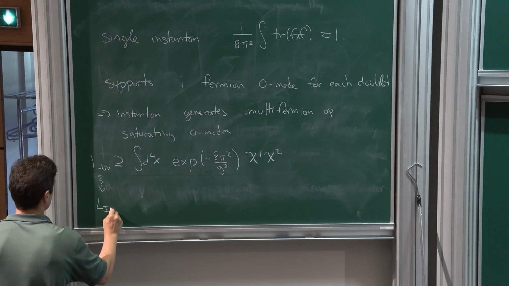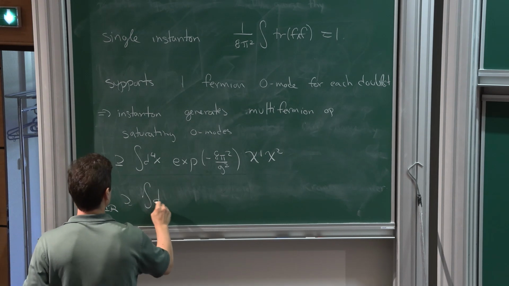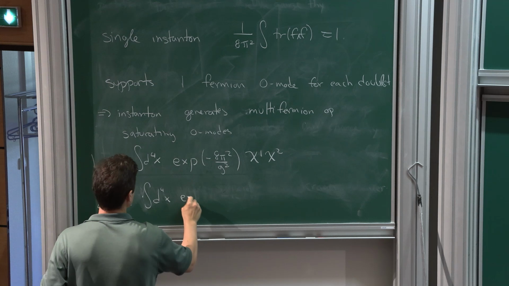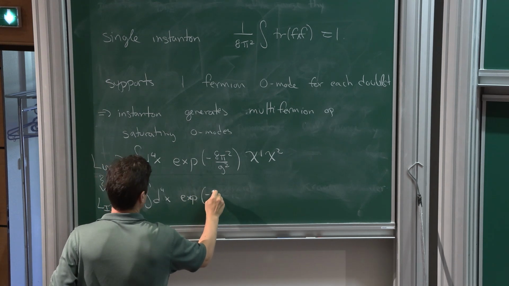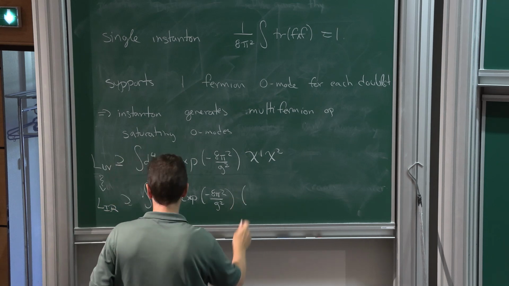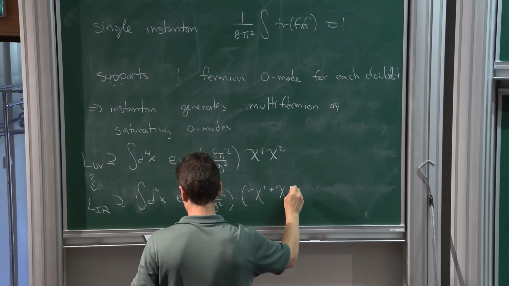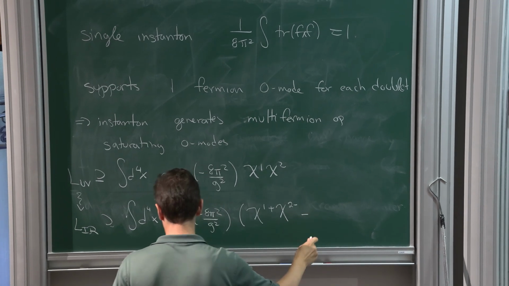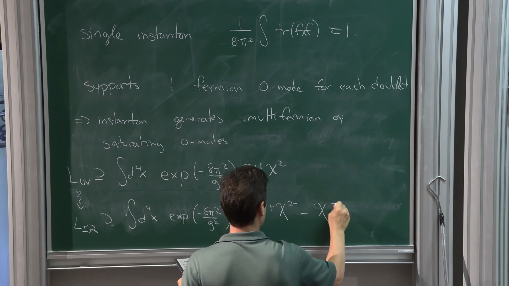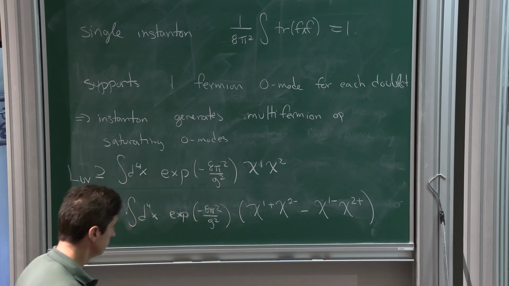We can write it in terms of the infrared. Again, same factor. And now I expand it out. It's chi1 plus chi2 minus the opposite term, like that.